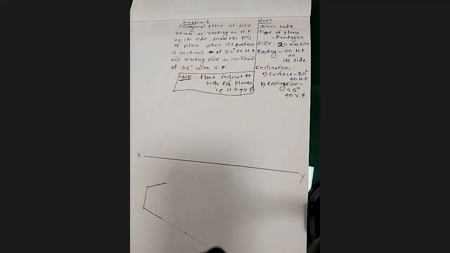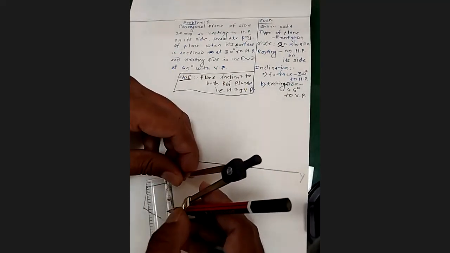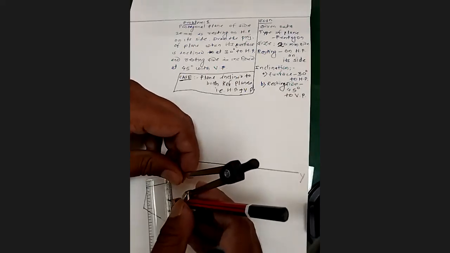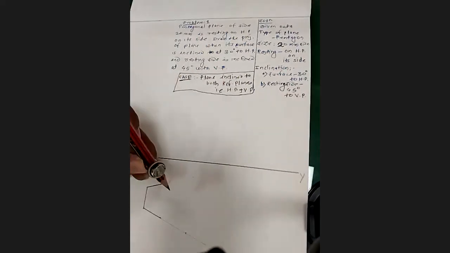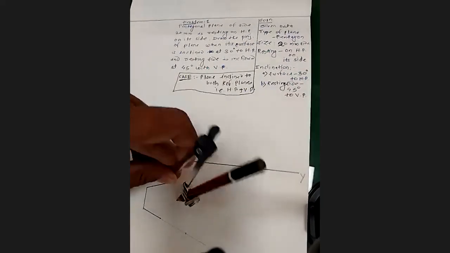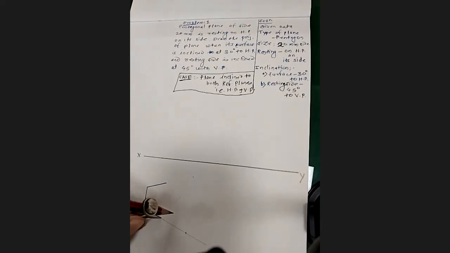Now you take a distance equal to 20 in the compass. Keeping one end at this point, draw an arc. Keeping the other end at another point, draw an arc.